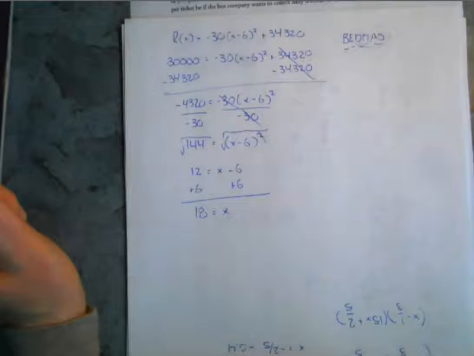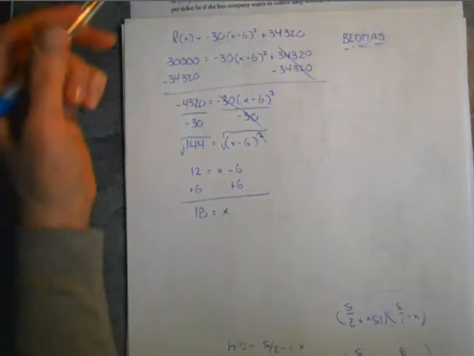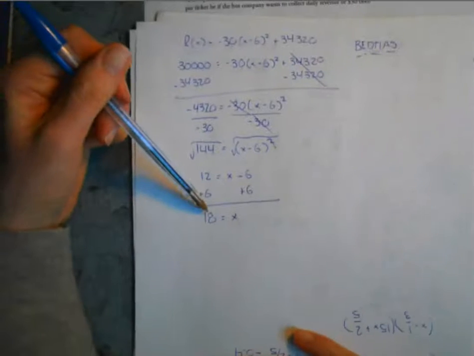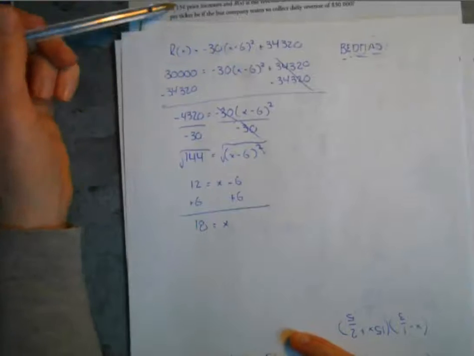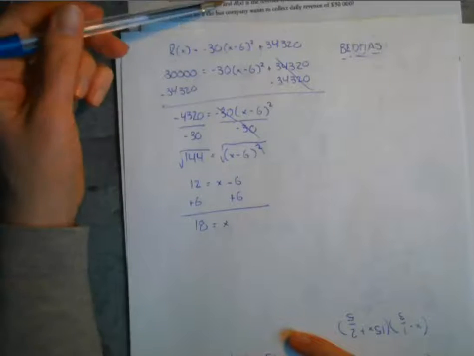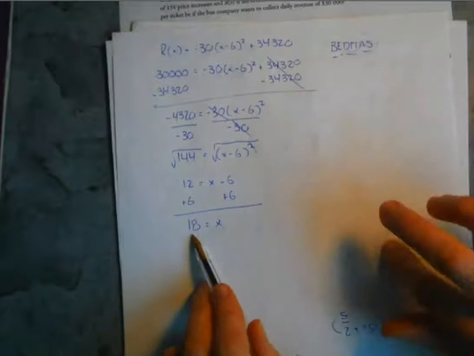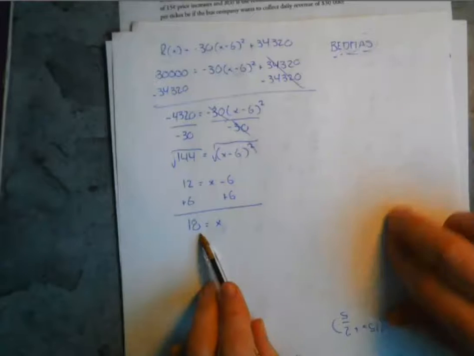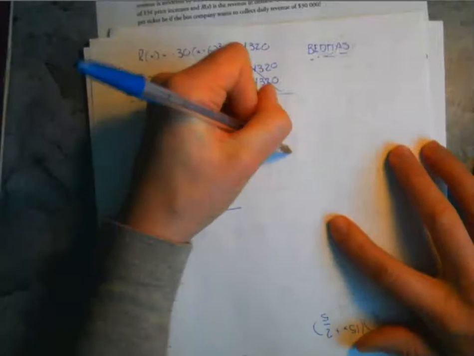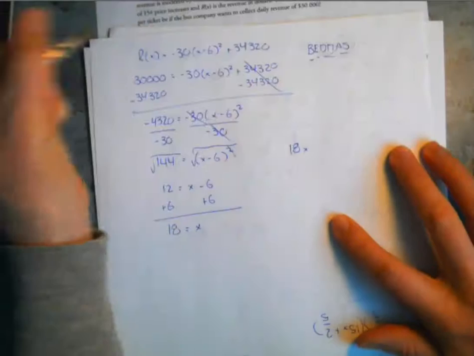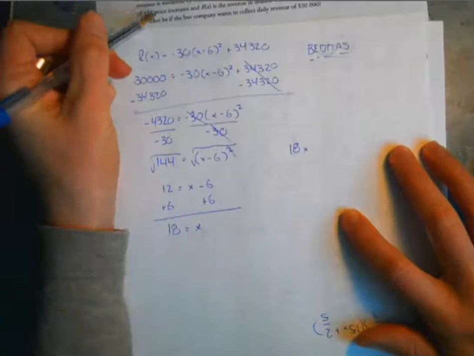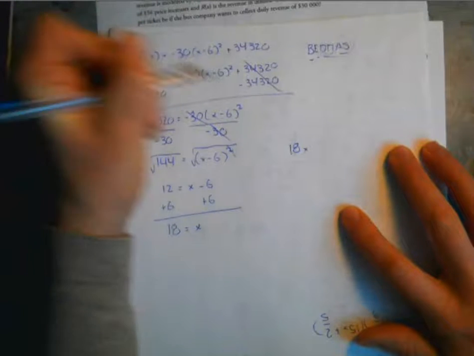Okay, now what you have to be careful for here is don't think that that means that that's our price. Remember, 18 is the number of 15-cent price increases. So we need to figure out what is the total increase in price if you did 18 15-cent increases. So you would do 18 times 15 cents. Personally, what I would do is just write it in dollars.